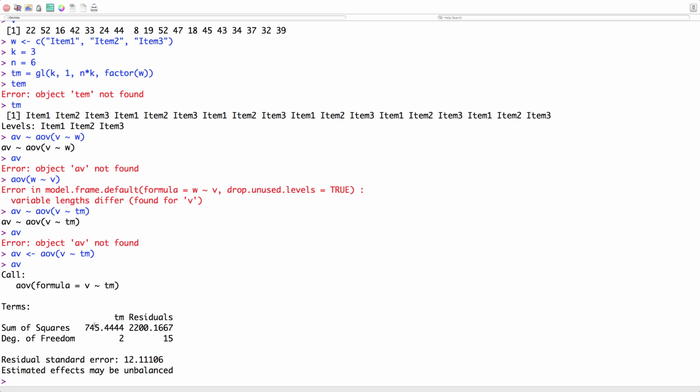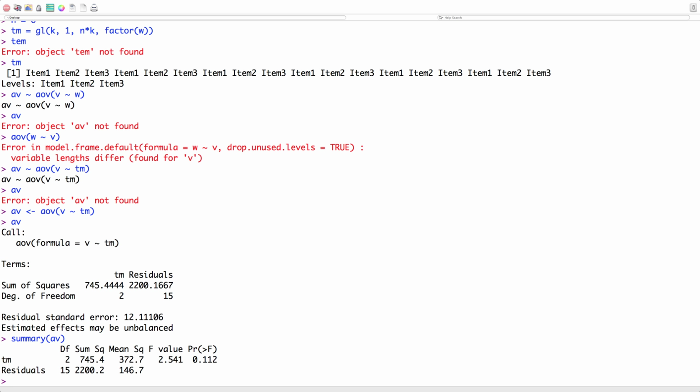So we get sum of squares, degrees of freedom for the model, for the residuals. All right, so to get a summary of our Anova, we get this.